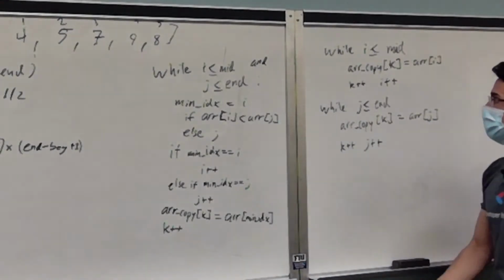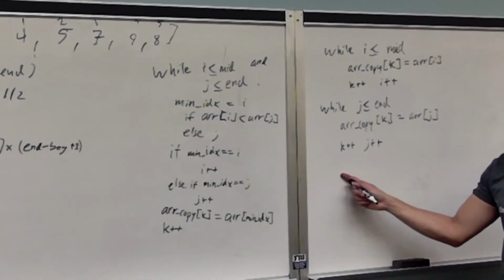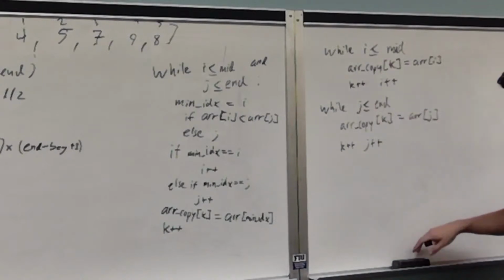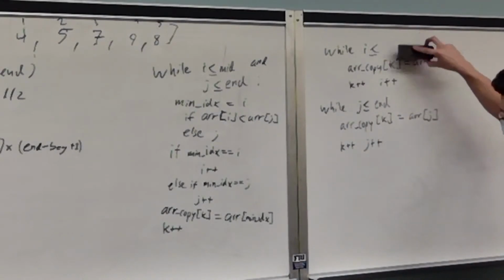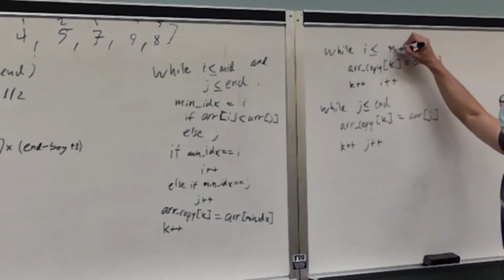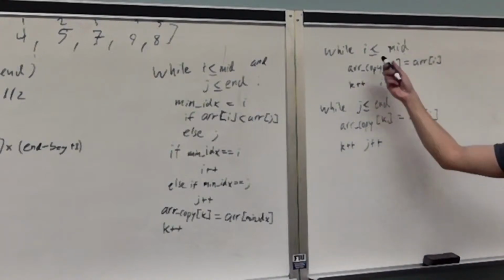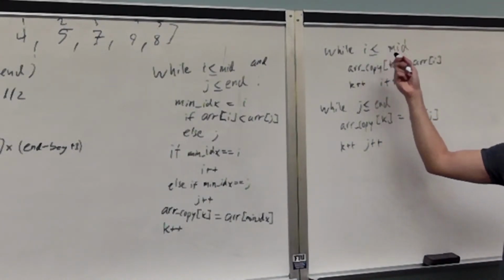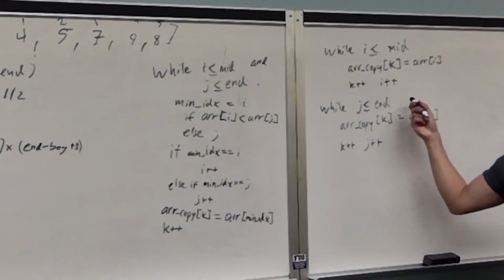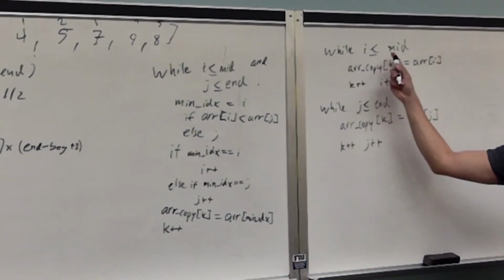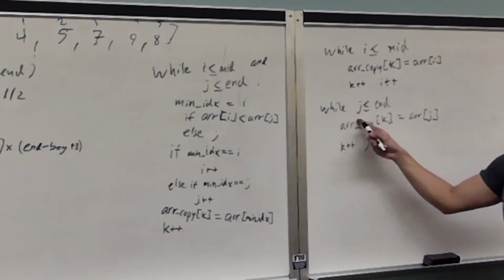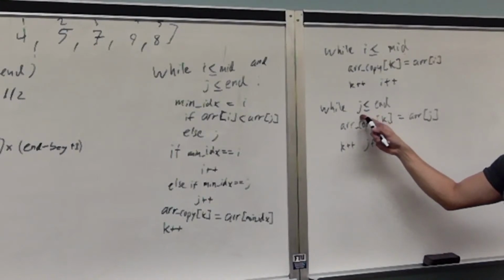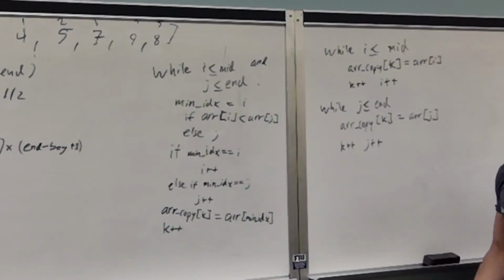Okay, so what's happening here? I'll write this better. If i is still less than mid, that means we're not done with the left half, so just fill. But maybe this never happens. If this never happens, it must be this one, which means j, the right half, isn't done. So we just fill. And that's it.